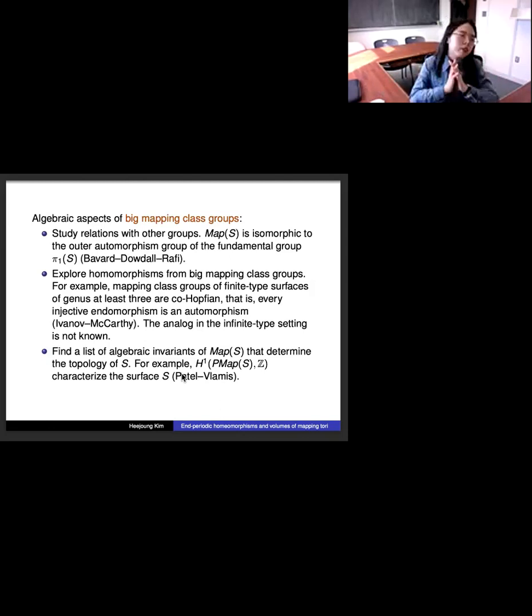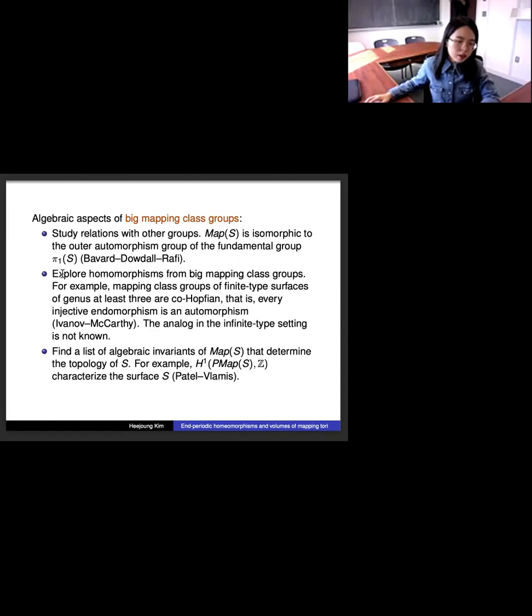Here are some open questions on big mapping class groups. For example, we can study the relationship with other groups. It is known that the mapping class group is isomorphic to the outer automorphism group of the fundamental group. But other than that, nothing is known. So that should be interesting.